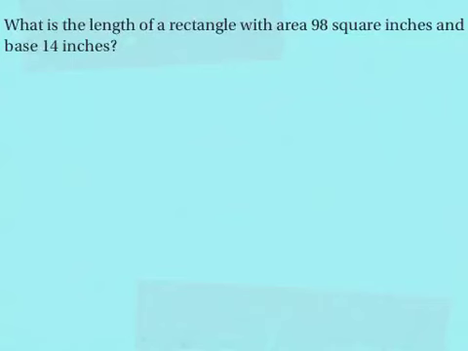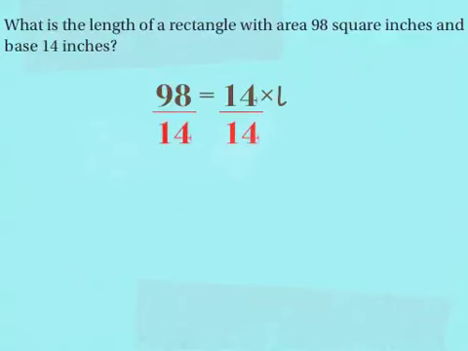In this case, I'm going to plug in and say 98, the area of the rectangle, equals 14, the base, times L. In this case, you could have chosen any variable. To get the length by itself, you need to divide by 14 on both sides. And when you divide by 14, you find that 7 is going to be the missing side length. And it would be 7 inches.